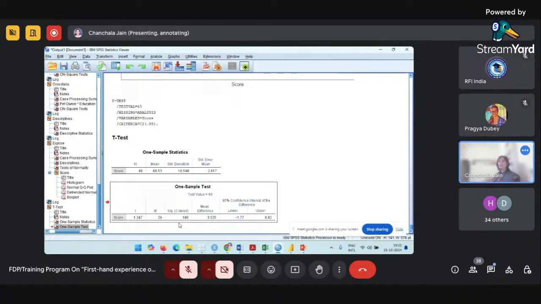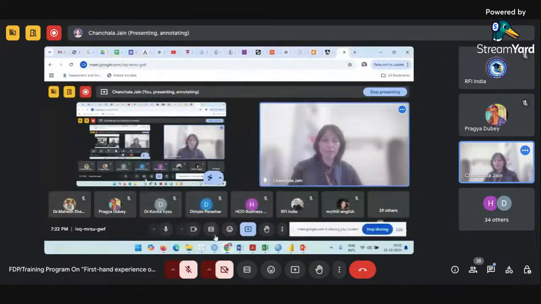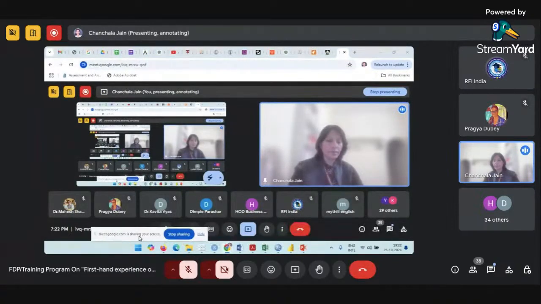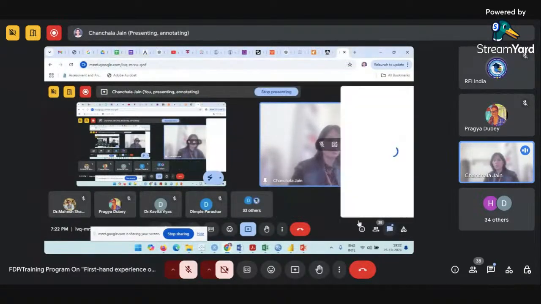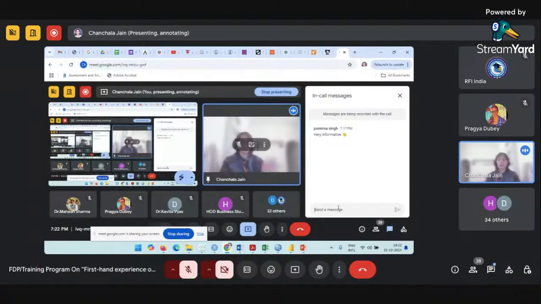If the p-value is less than the level of significance, in that case, you need to reject the null hypothesis. Give me a second, I'm coming there in the chat. I'll write this. So I'm expecting you to please note this down or copy and paste. If p is less than the level of significance, reject the null hypothesis.